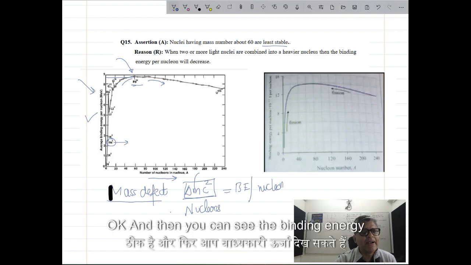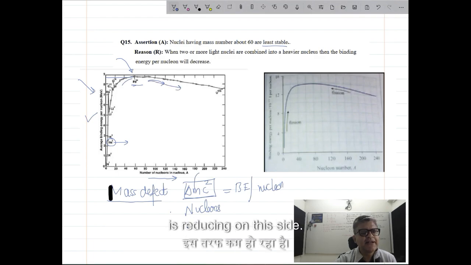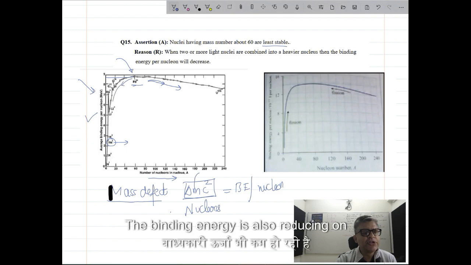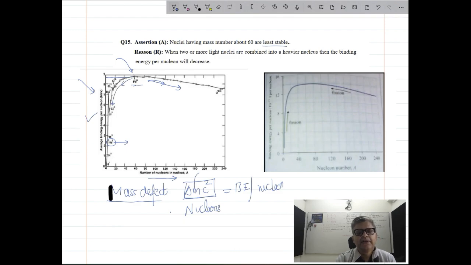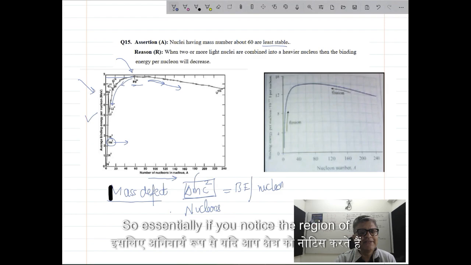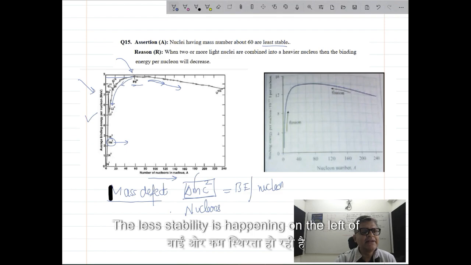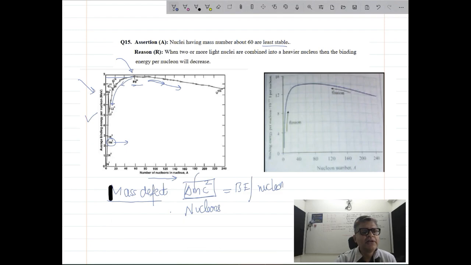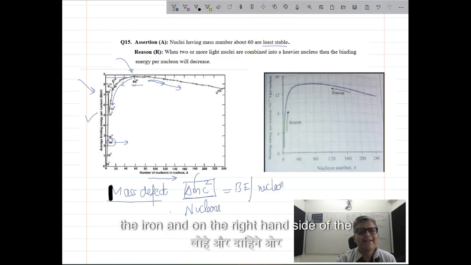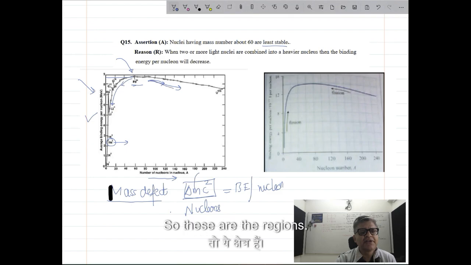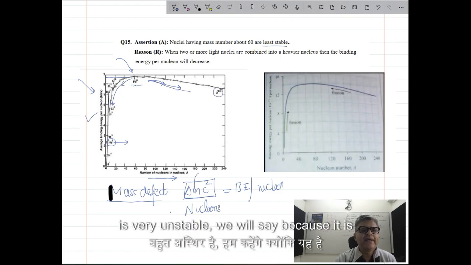Then you can see the binding energy is reducing on this side. The binding energy is also reducing on this side. So essentially, the region of less stability is on the left of the iron and on the right-hand side of the iron. So these are the regions. This particular uranium is very unstable because it is on the right side.